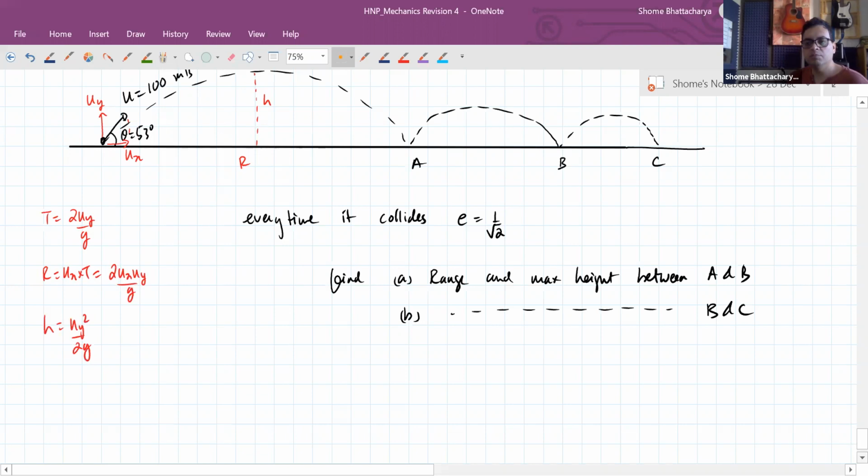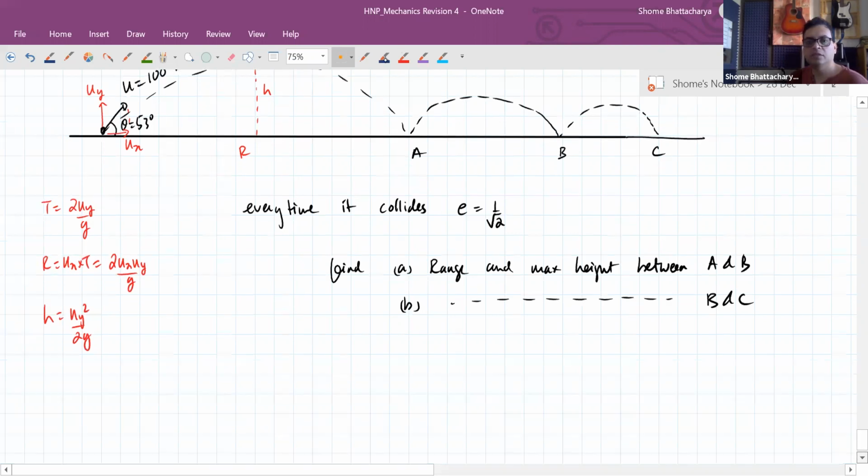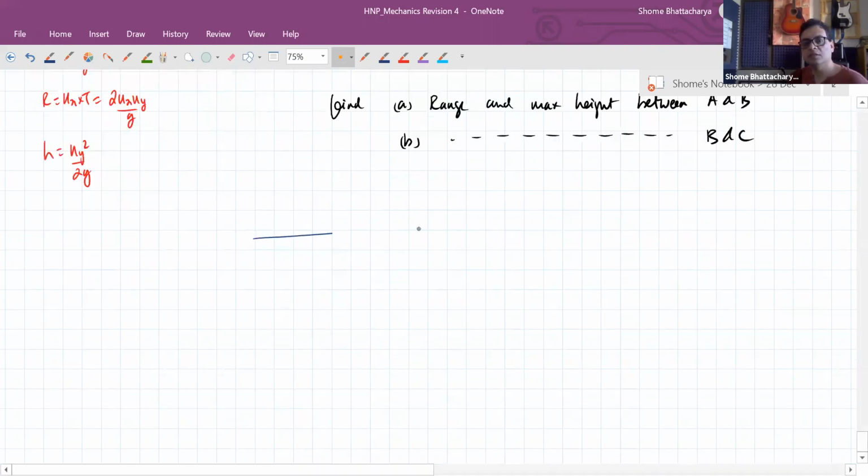So now for the impact, you can use this simple concept that as the projectile impacts, the approach velocity, or the normal component of velocity, that is your uy, and this is ux, same as the projection velocities uy and ux.